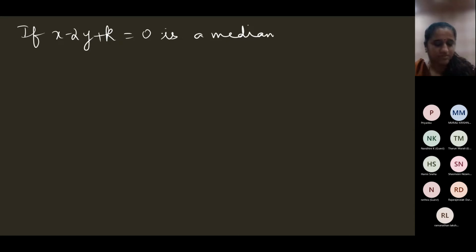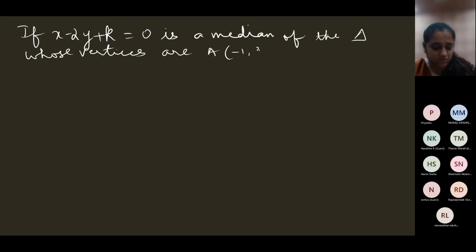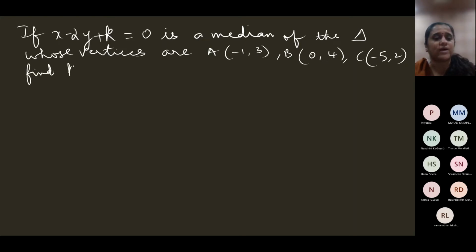So if x minus 2y plus k is equal to 0 is a median of the triangle whose vertices are A minus 1 comma 3, B 0 comma 4, C minus 5 comma 2, find the value of k. Yes, children, please try.